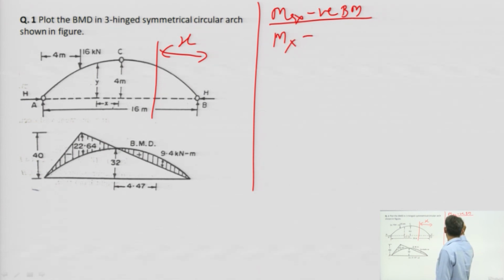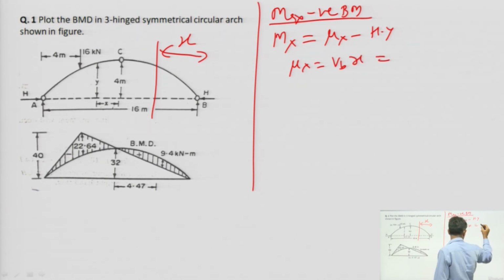Okay. So, the moment is mu x minus h into y. So, mu x is what? Mu x is VB into x. Okay. So, how much is VB?